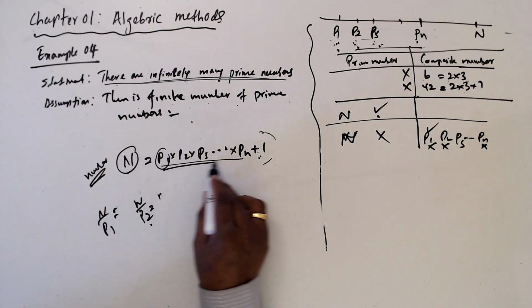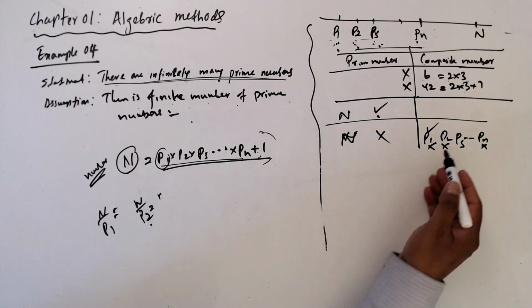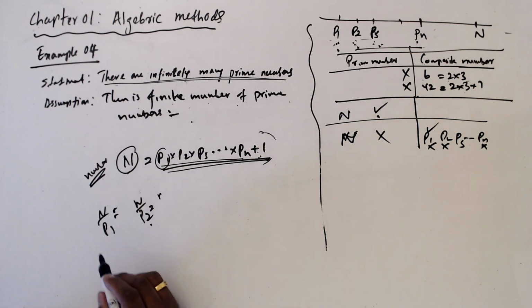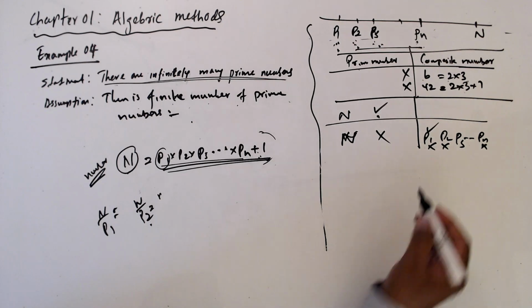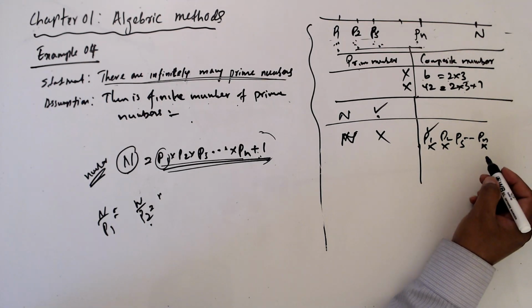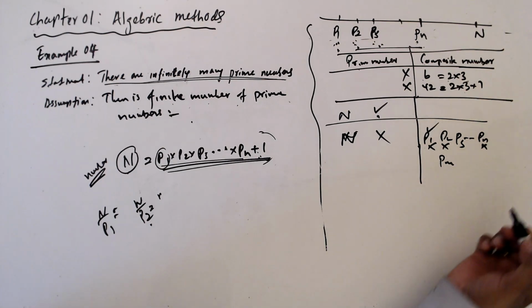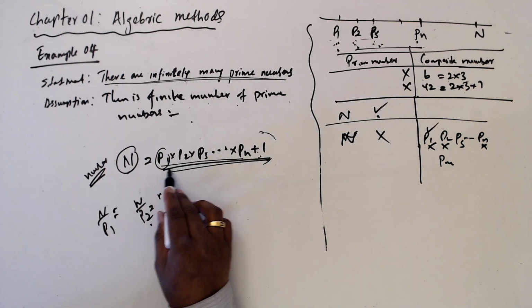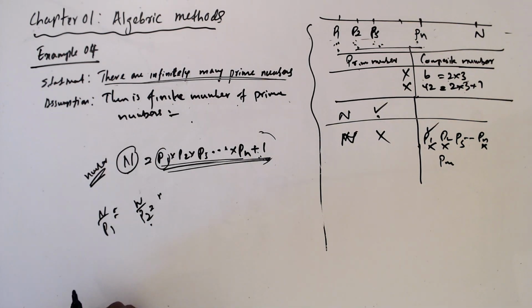But if it is composite, it should have a prime factor. Then by our argument, there should be another prime number to become a prime factor of this one.